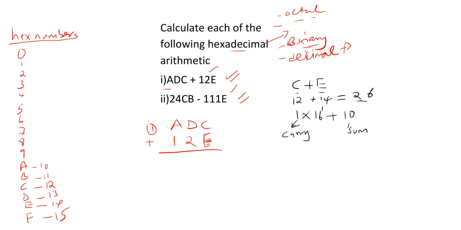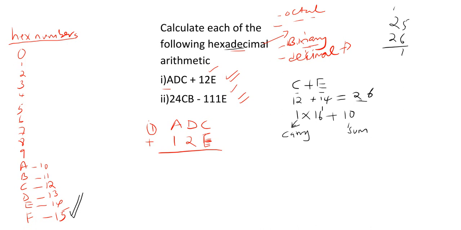Remember, for example, if we are adding decimal numbers, 25 plus 26, if we add 5 plus 6, we get 11. So we don't write 11. Because it is above 10, we carry a 1. So if it is above 15, because we are looking at hexadecimal numbers, it means there is a carry.